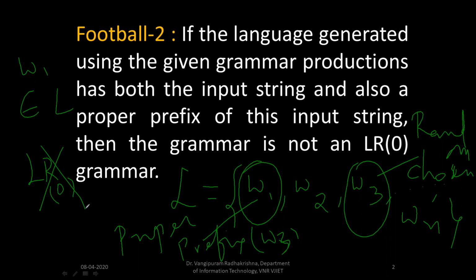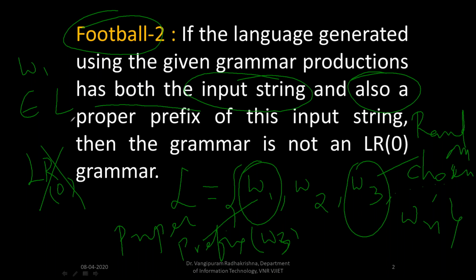So here is the football 2 statement. If the language generated using the grammar productions has both an input string and also a proper prefix of this input string, then the grammar is no more an LR0 grammar. So this is all about football 2.